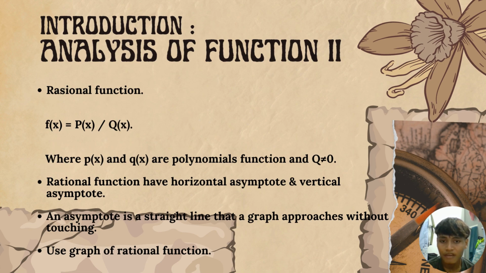Rational functions have horizontal asymptote and vertical asymptote. An asymptote is a straight line that a graph approaches without touching. Analysis of function 2 uses the graph of a rational function.